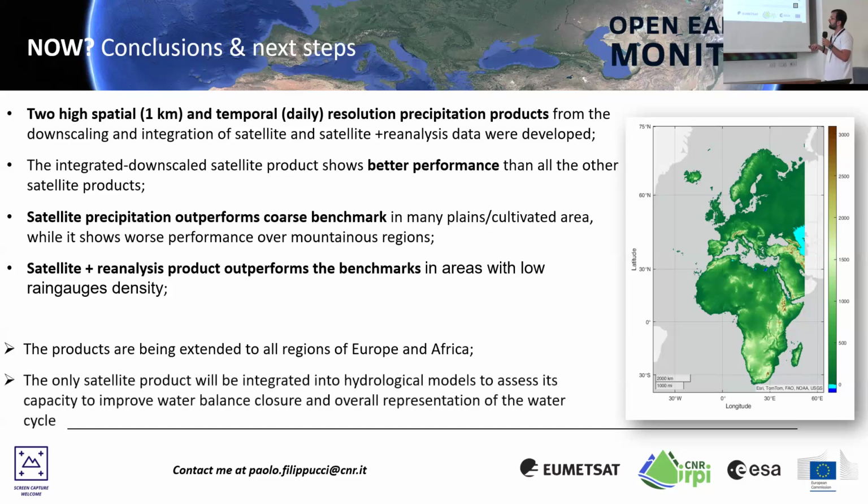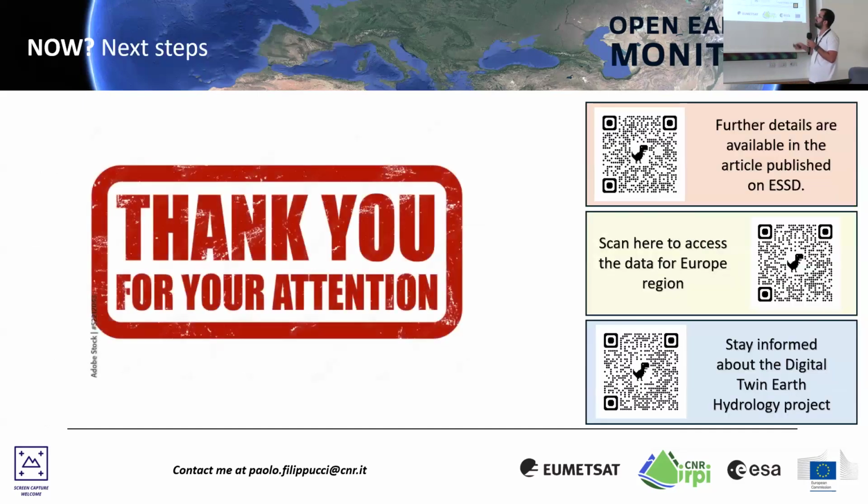And now we want to continue our testing over the hydrological models, also by applying just the satellite data to see if ERA5 actually helps a lot, or already the satellite data can give us good performance, and we can rely on them. Here you can obtain further information about an article that we have published on ESSD.